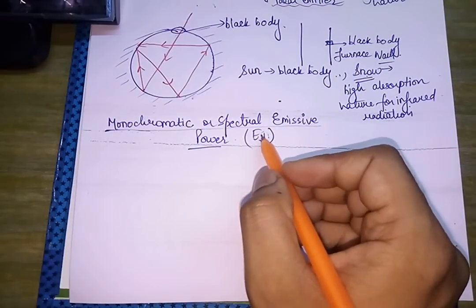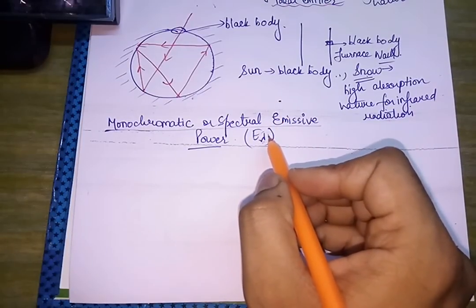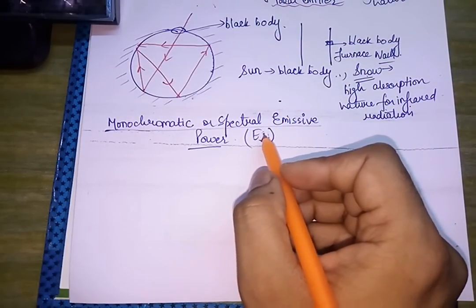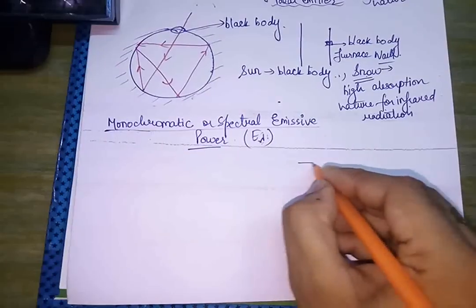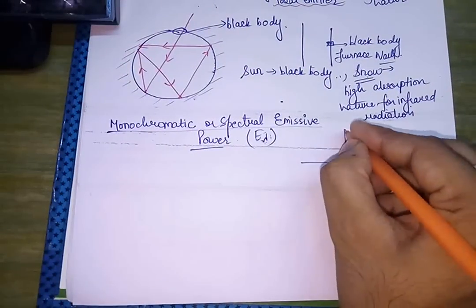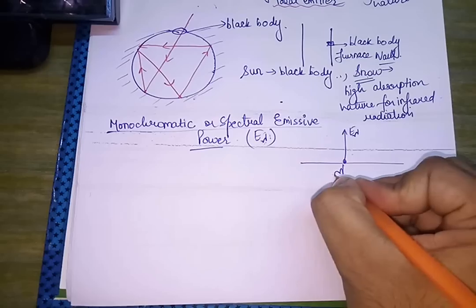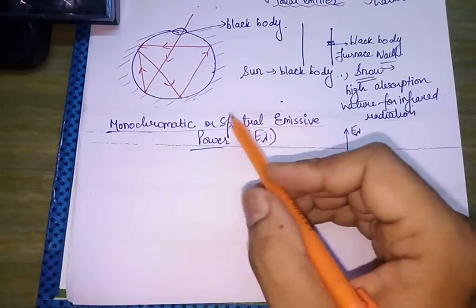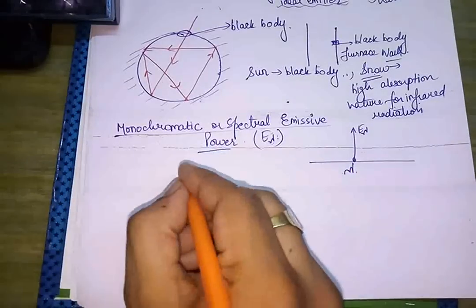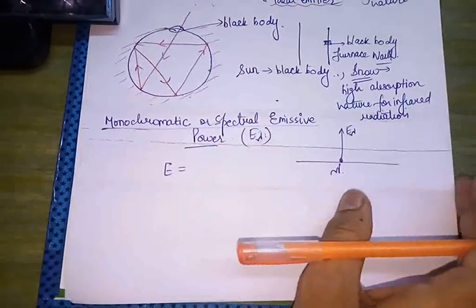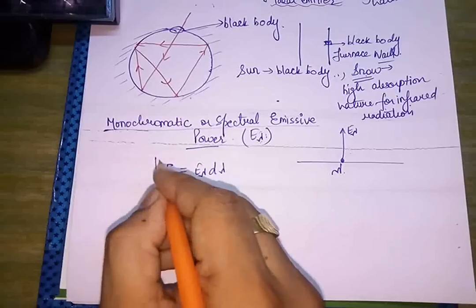E lambda is radiated at some particular wavelength, and it is the amount of energy corresponding to a particular wavelength. For example, if any surface emits E lambda corresponding to a wavelength lambda, it will be the monochromatic or spectral emissive power, such that the total emissive power is equal to the integral of E lambda d lambda.